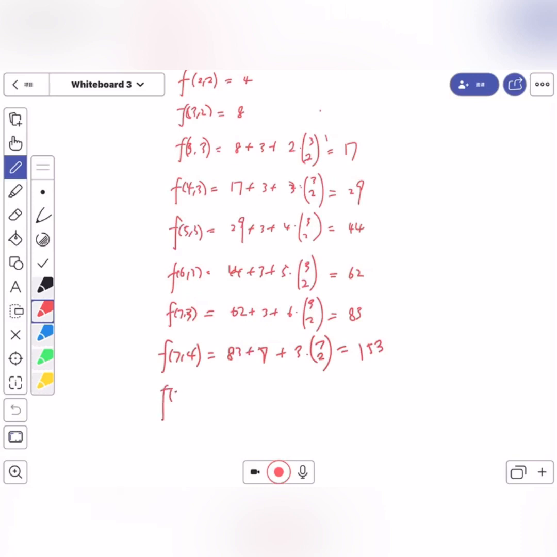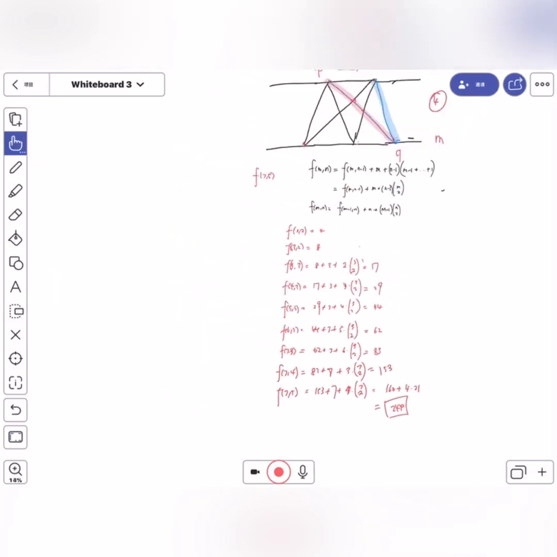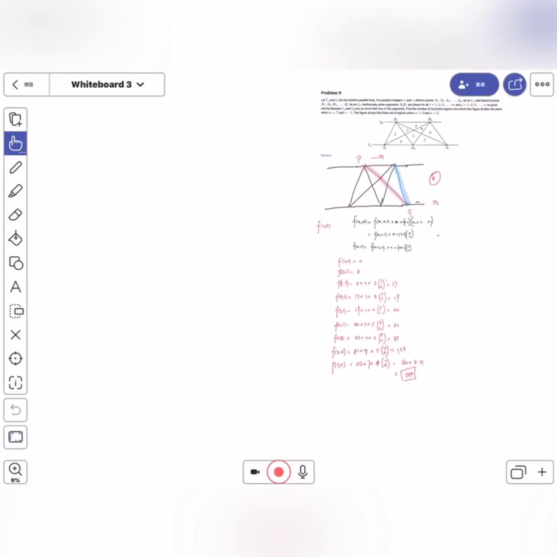Now, finally, f of 7, 5: 153 plus 7 plus 4 times 7 choose 2, which is equal to 160 plus 4 times 21, which is equal to 244. And that is essentially our answer to this problem.